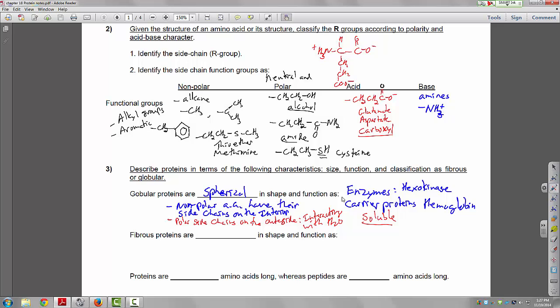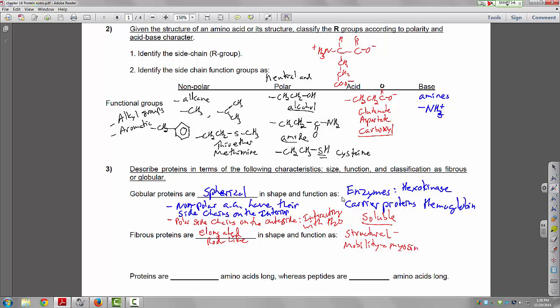Contrast that to the fibrous proteins. Fibrous proteins are elongated or rod-shaped, and these essentially are structural proteins, or maybe involved in mobility or motility, such as myosin. Myosin in your muscles.